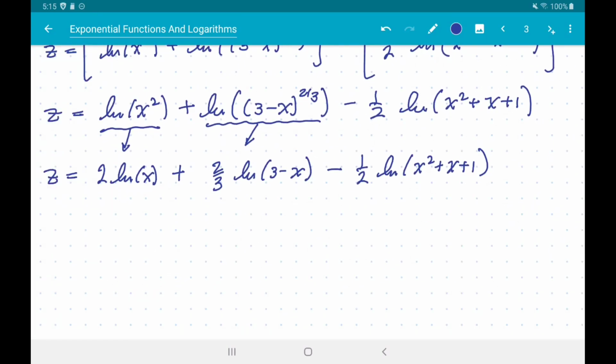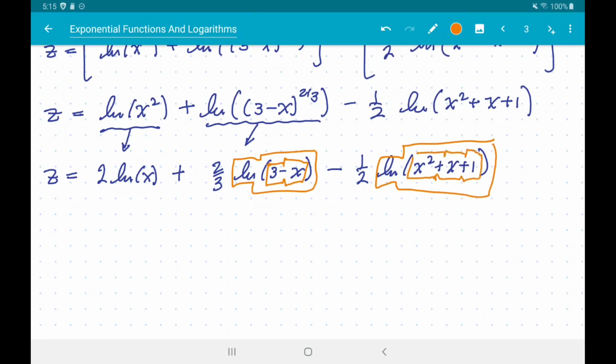Couple of things to notice at this point. We still have ln applied to some stuff. Right there we have ln applied to subtraction. And over here we have ln applied to, this time it's addition. So there is an exponent over here, but the ln is not applied directly to the exponent.